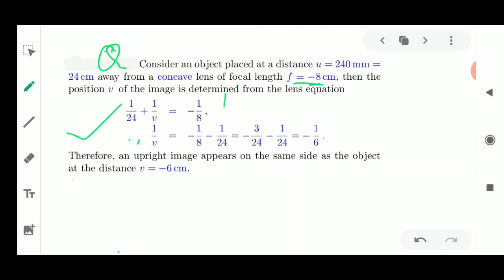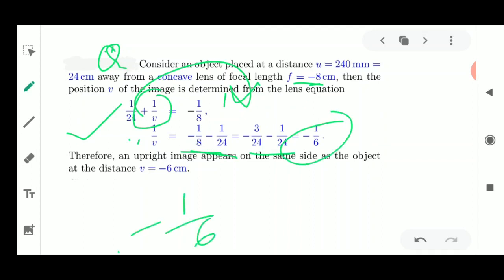Now 1 by v moves to the right side and is solved with 24 as the LCM, and you get minus 1 by 6. So 1 by v is equal to minus 1 by 6, therefore v is equal to minus 6 centimeters.